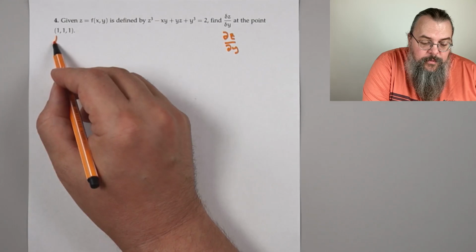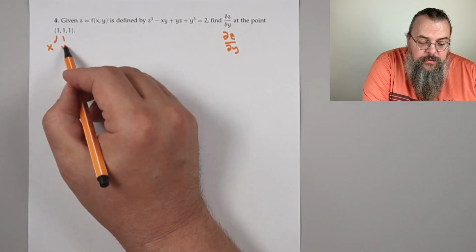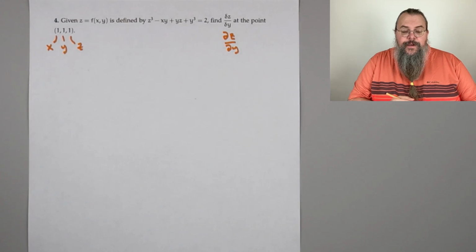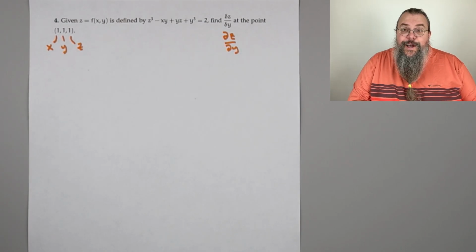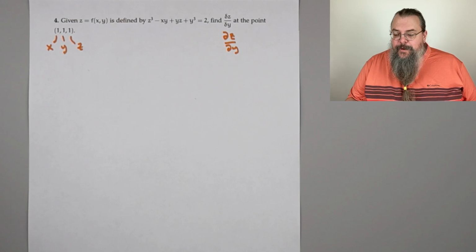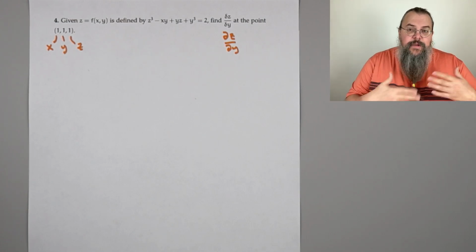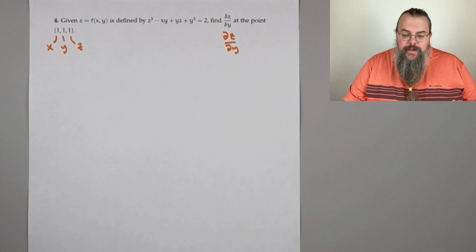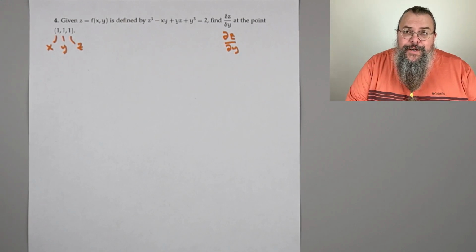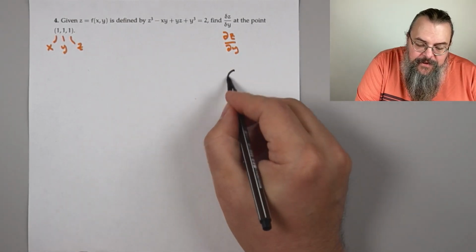So what that means is when x equals 1, y equals 1, and z equals 1. All right, well, how do we proceed? Now, there's a couple of ways to do this. One way is you can remember a big formula, and the other way is you can say, you know what, we're going to put on our thinking cap and have an idea.